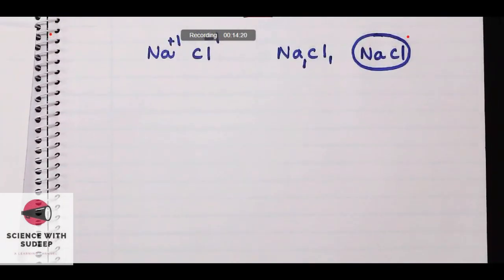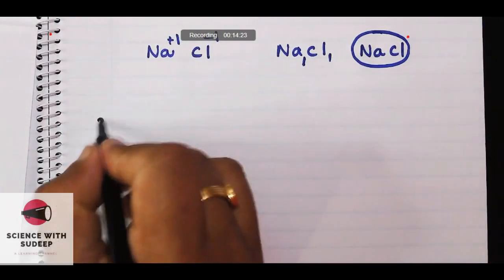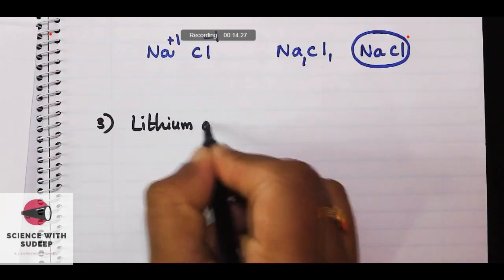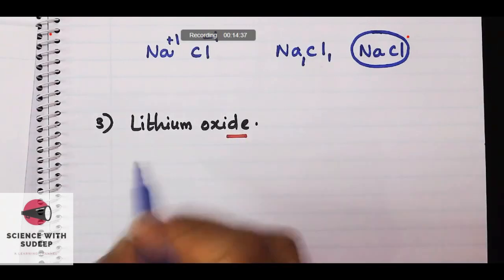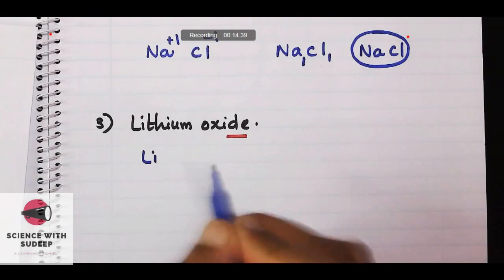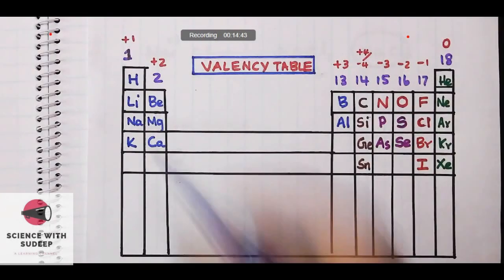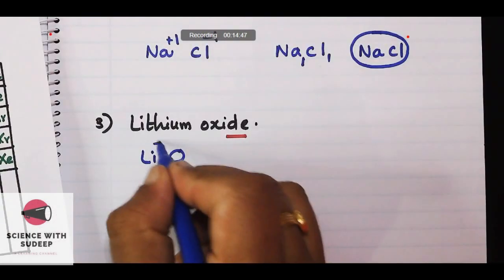Let's see another example. Let's check what happens with lithium oxide. Again the name ends with -ide, so it has two elements. One is lithium, the other is oxygen. Lithium is in group number 1, so its valency is +1.